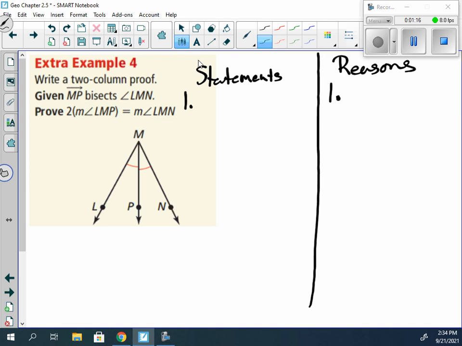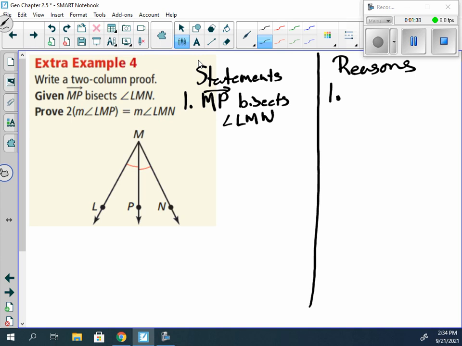Because whenever we are doing a 2-column proof, we always start with the given information. And what was the given information for this here? Right, MP bisects angle LMN. So y'all can write it a little bit wider because y'all have a little more space.